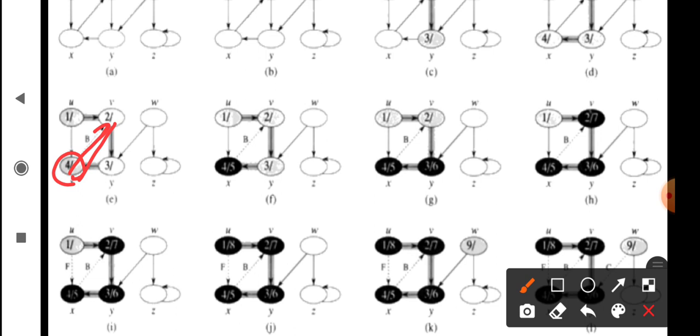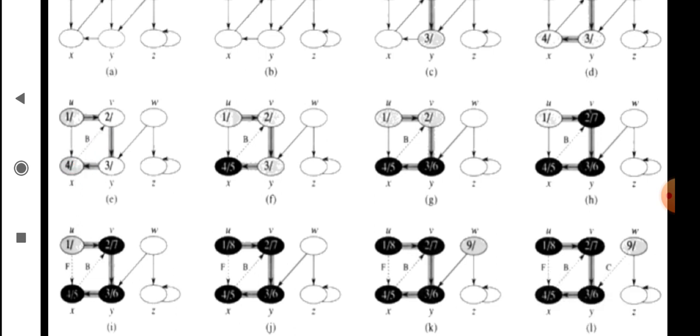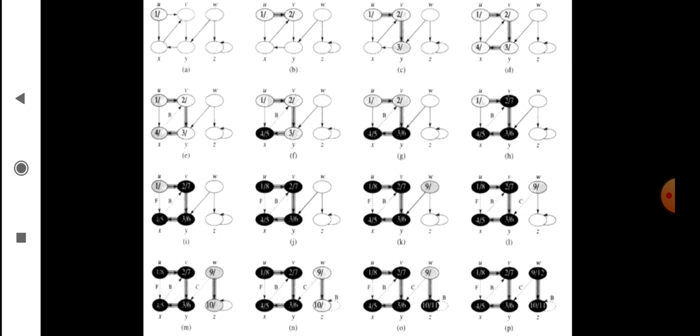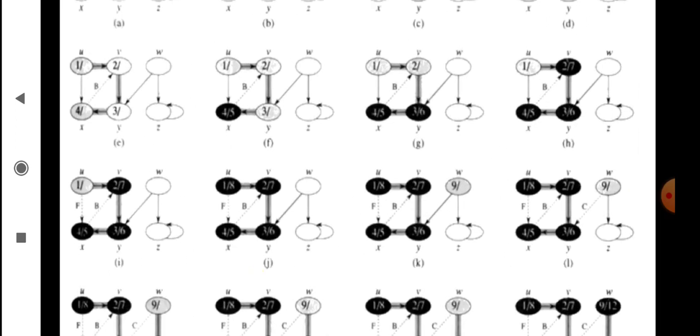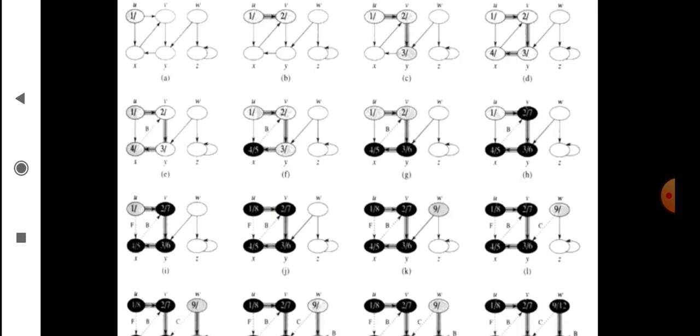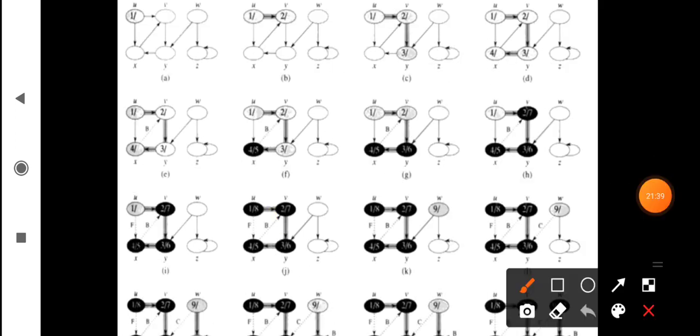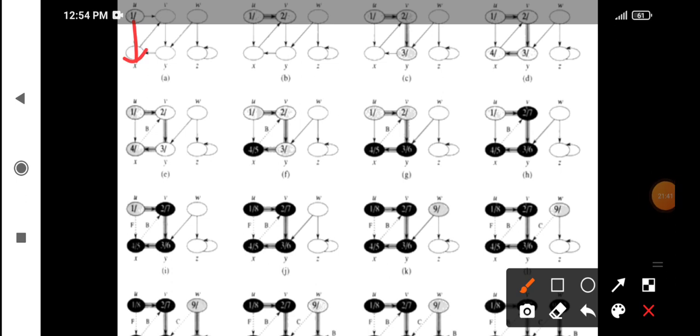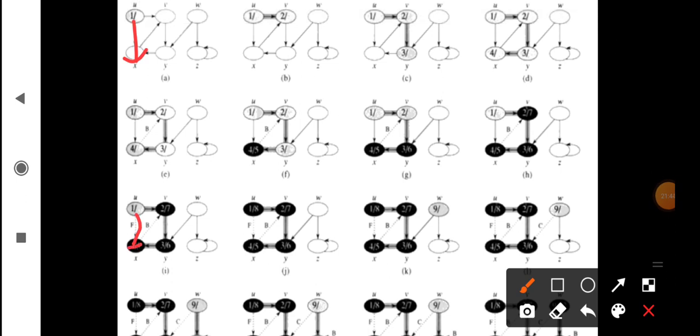And here this is another edge, a forward edge. There is an edge from this to this. This is a forward edge. This edge is not considered in our tree, where there is only this edge. So it is a non-tree edge.